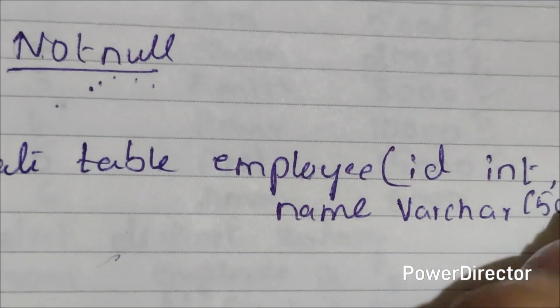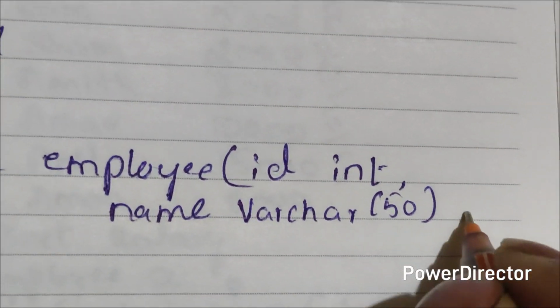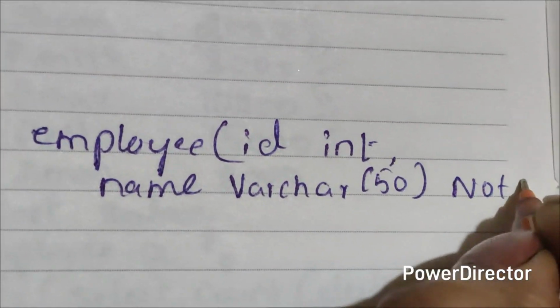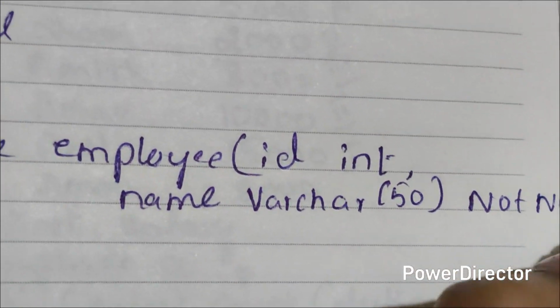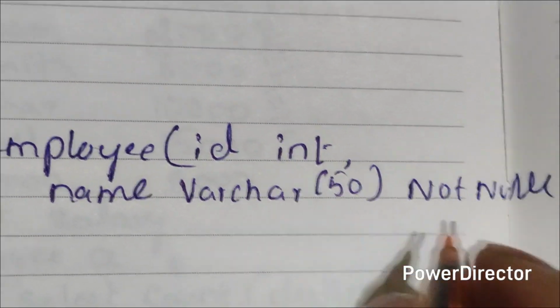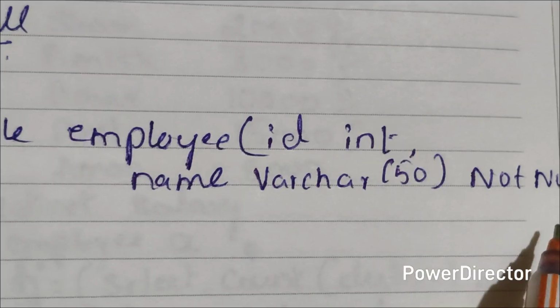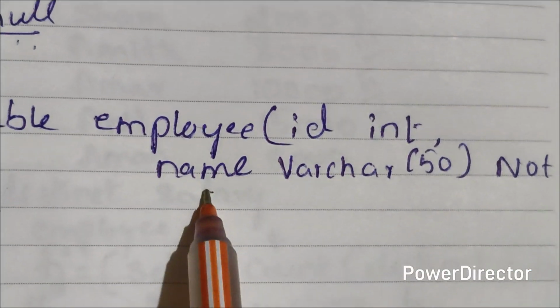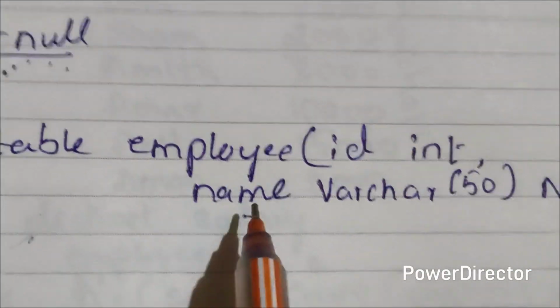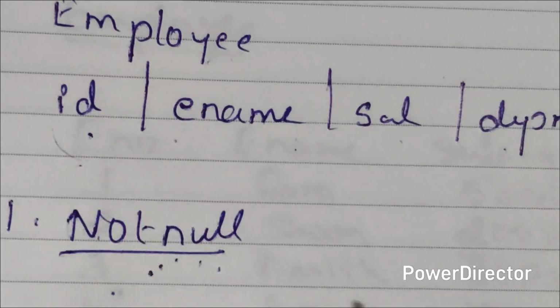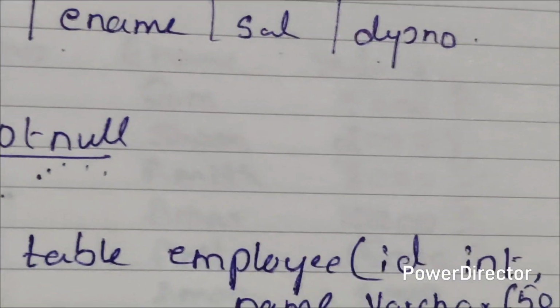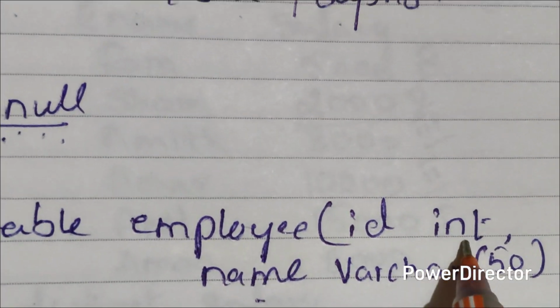I'll give the value 50. I'm making this as not null. So I'm applying the condition not null to this name attribute. You can give the condition not null to ID also.